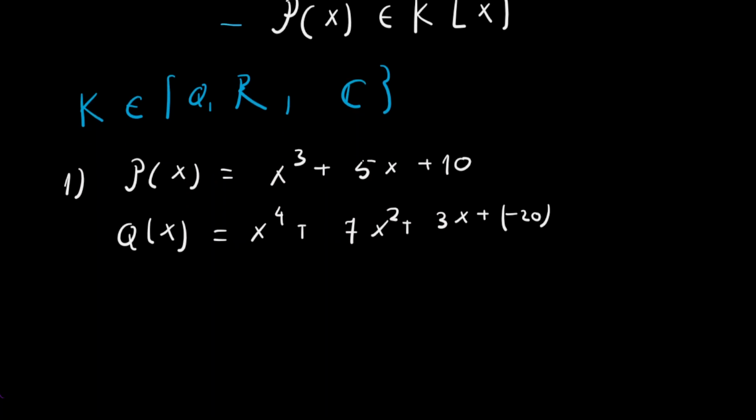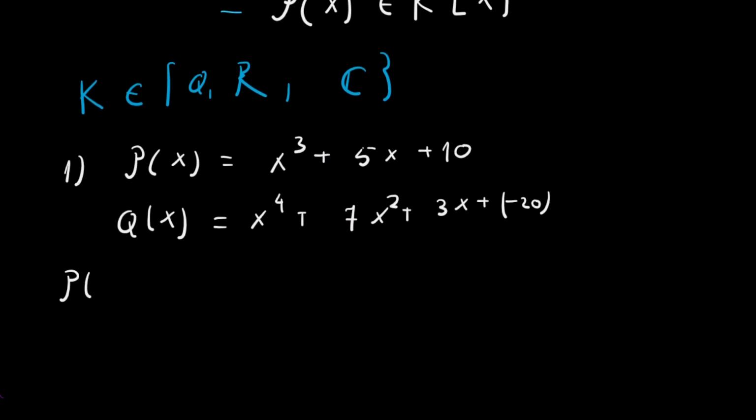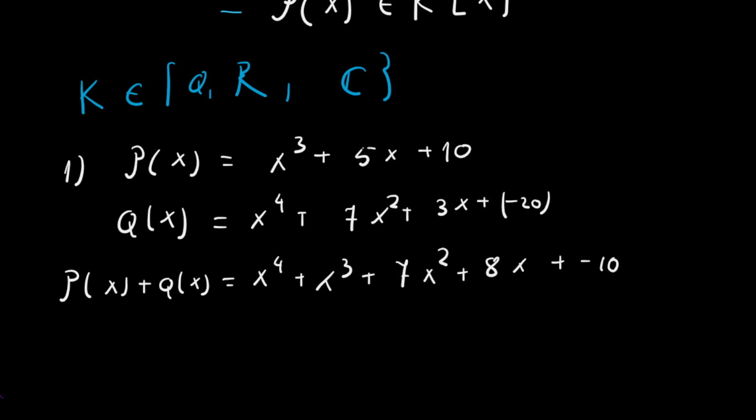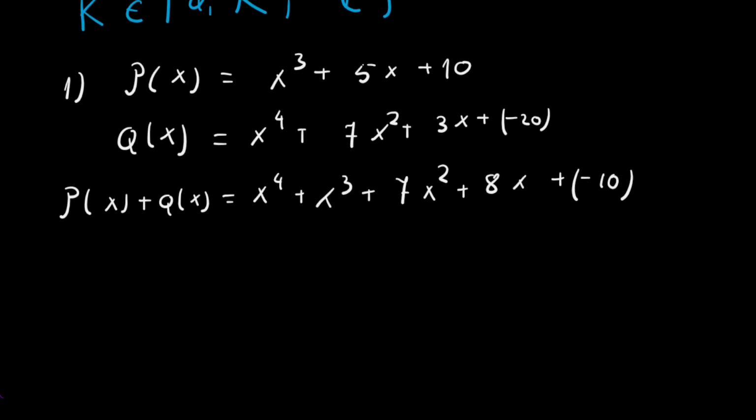When we add up these two polynomials, I obtain x^4 plus x cubed plus 7x squared plus 8x minus 10. So this is the first operation that we can do. We can add these two polynomials. Also, we can subtract them.